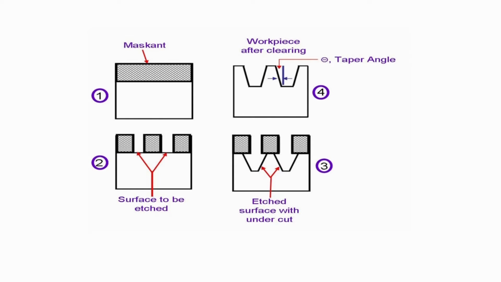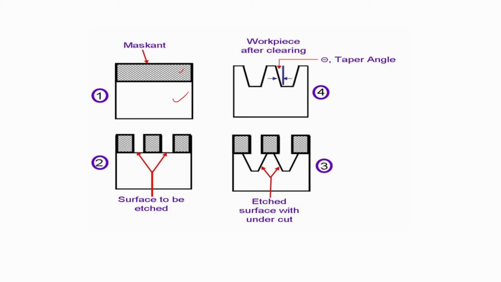So this is the schematic view of the chemical machining process. Here this is the workpiece. On this workpiece, this chemically resistant material, that is the maskant, is actually used. A maskant layer is deposited on the workpiece surface, and this is the second step.